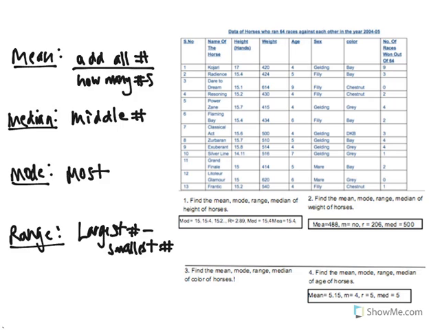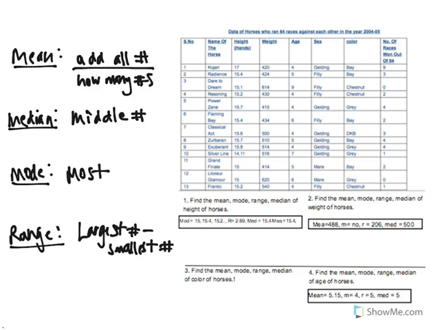So here we have a column that talks about the number of the horse, the name of the horse, the height of the horse in hands, I guess that's human hands, and then we have the weight of the horses, the age of the horses, the sex of the horses, I guess these are veterinary terms, the color of the horses, and the number of races won out of the 64 races.